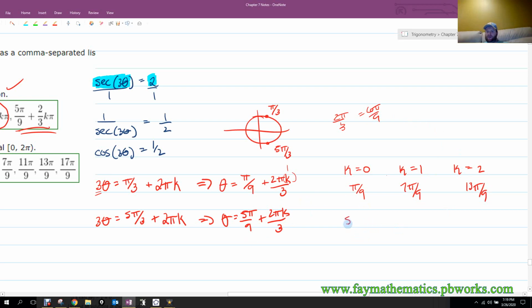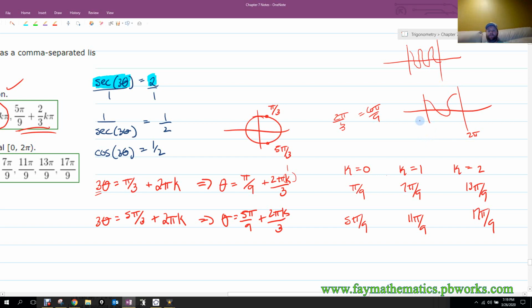Down here, the first answer is 5 pi over 9. Add to it 6 pi over 9, gives me 11 pi over 9. And then add 6 pi over 9 to that, it gives me 17 pi over 9. And remember, that's the process of working a cosine function between 0 and 2 pi: since the angle is 3 theta, it's going to happen many more times.